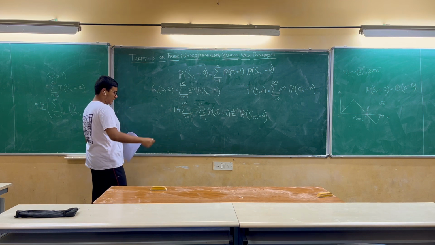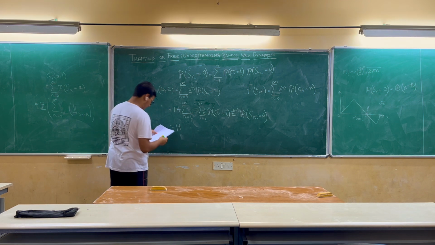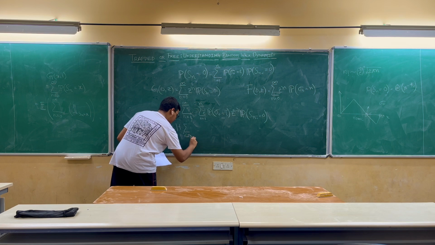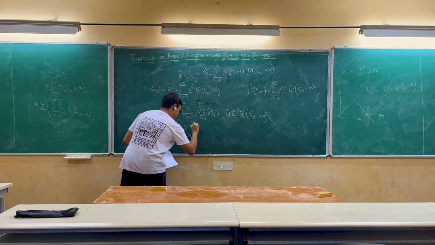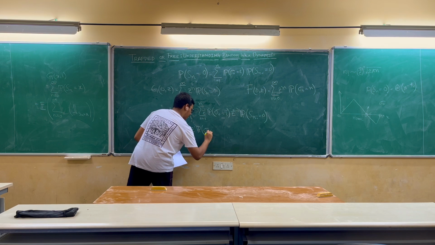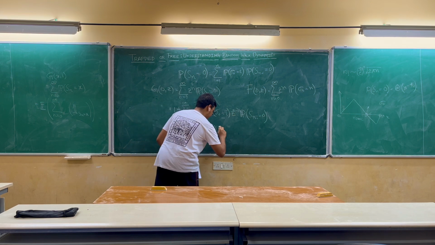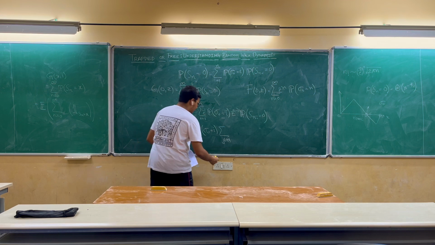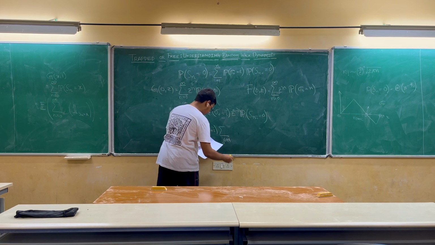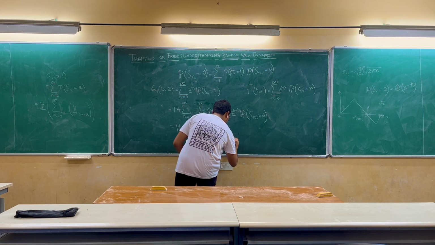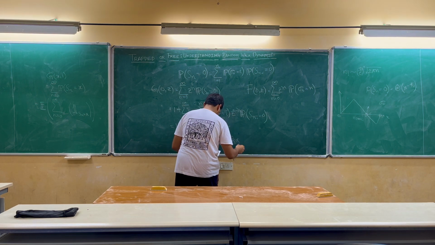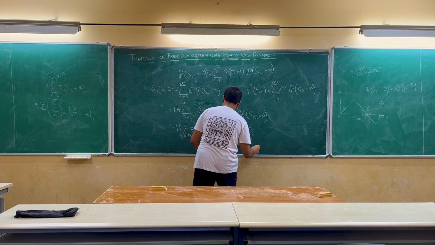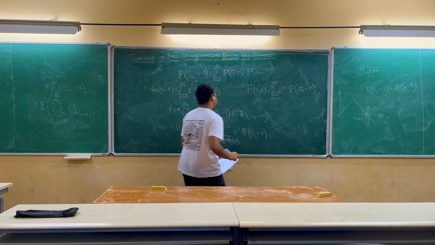After plugging everything together, what we get is, for all i belonging to the set of natural numbers, z to the power i times probability of sigma of 0 equal to i, times the sum over j, where I am taking n minus i to be my j, and j belongs to all natural numbers along with 0, of z to the power j times probability of S sub j equal to 0.